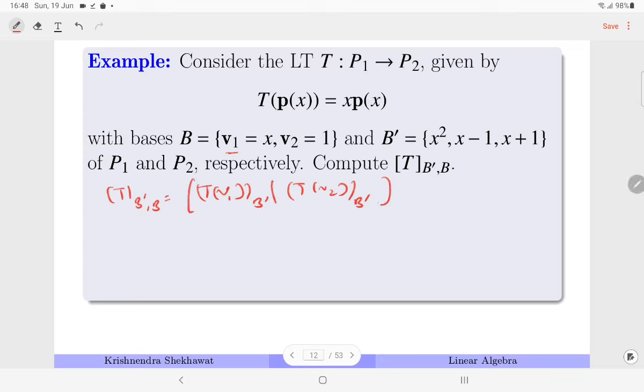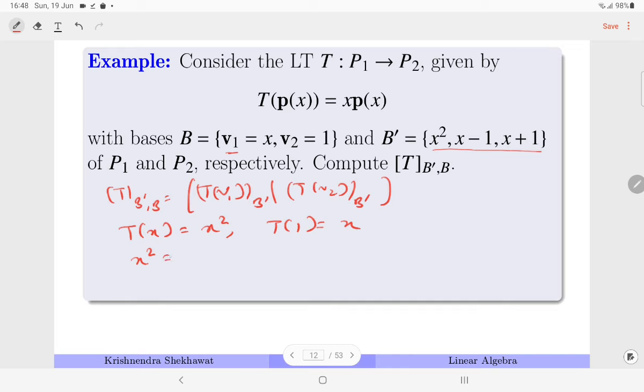So now first I should compute T of V1, which means T of x. So it is given that T of p(x) is x p(x). So T of x is x square and T of 1 is x. Now I should express x square as a linear combination of the vectors of B dash, that gives me the coordinates of T of x with respect to basis B dash.